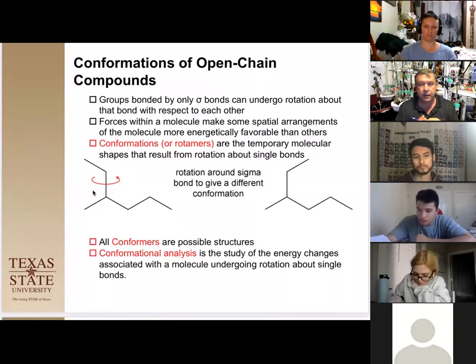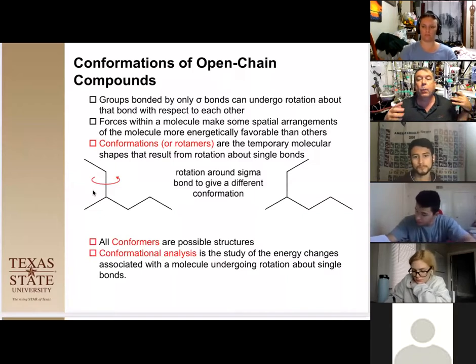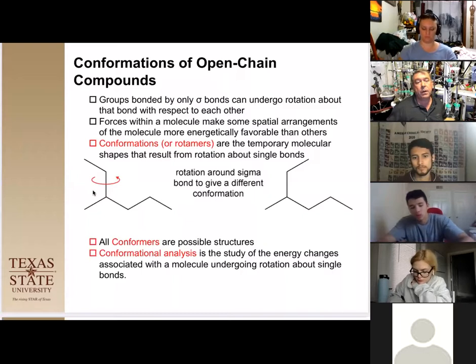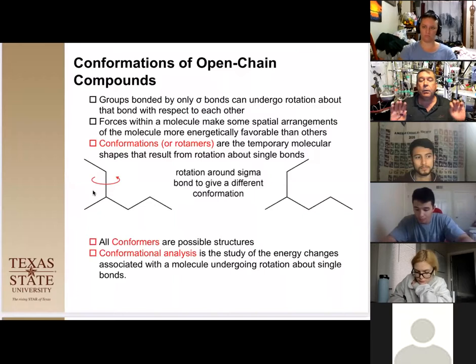Okay, now what makes it want to kind of expand? And that has everything to do with what's nearby in space. Okay, and so what we want to look at is which of these are favored and why they're favored. So what we call this is conformational analysis.